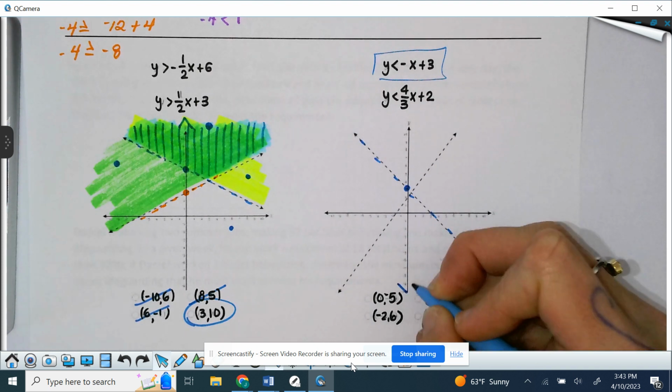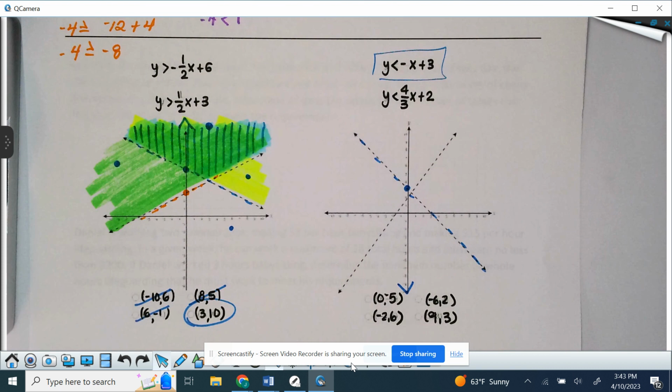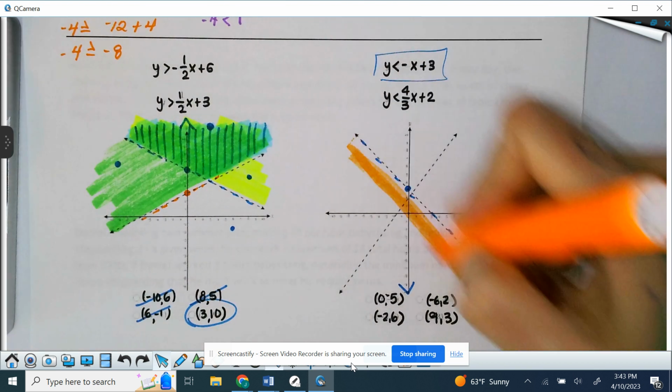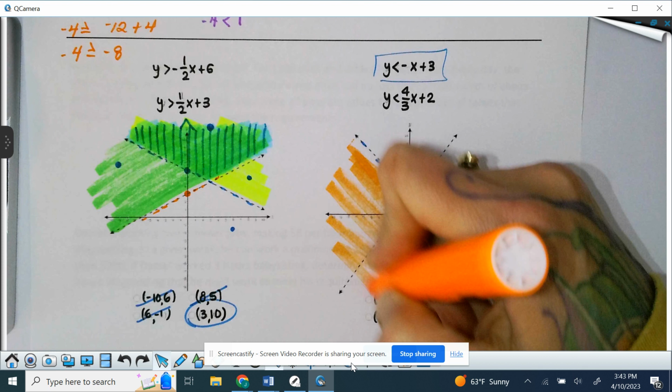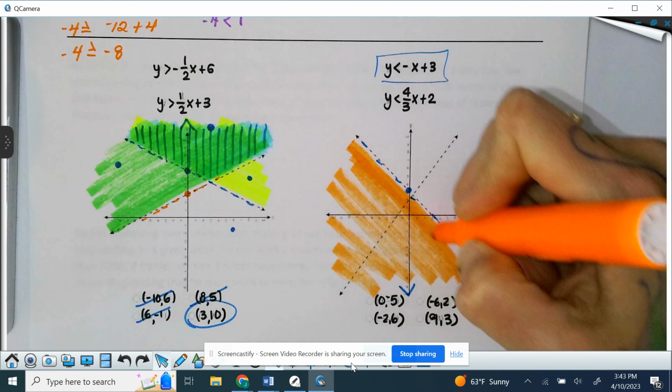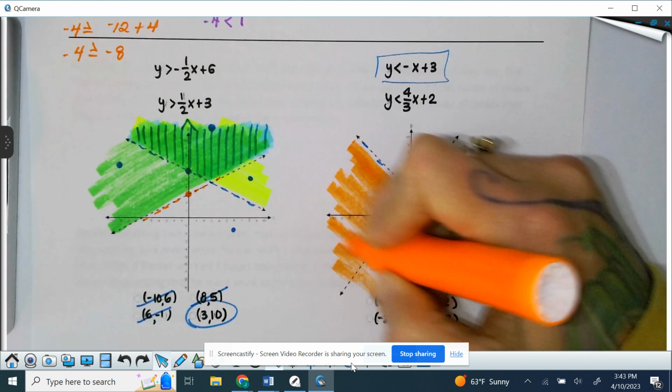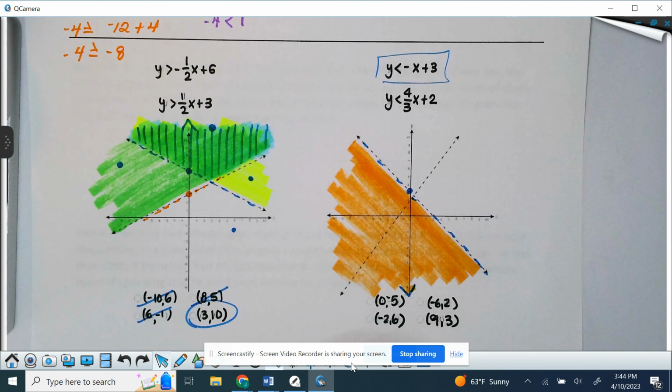Down here, perfect. So then we're going to take that line, the blue line I just showed you, we recognized it as the line for that equation, and its y is less than, so we're going to shade towards that direction from that line. So we draw a line, and then we want to make sure whatever side includes that down arrow.